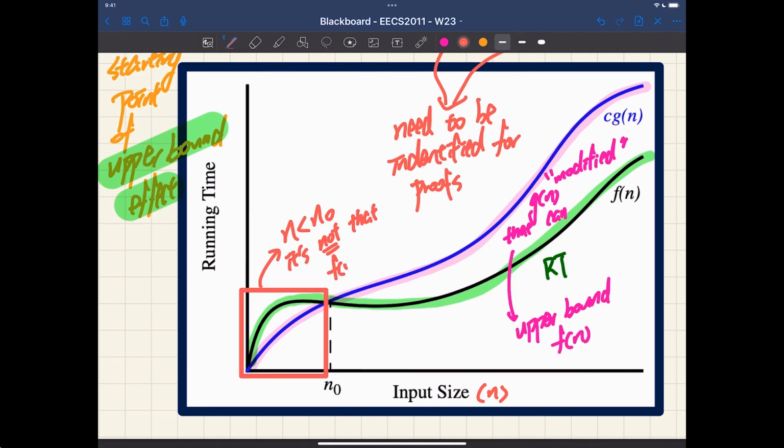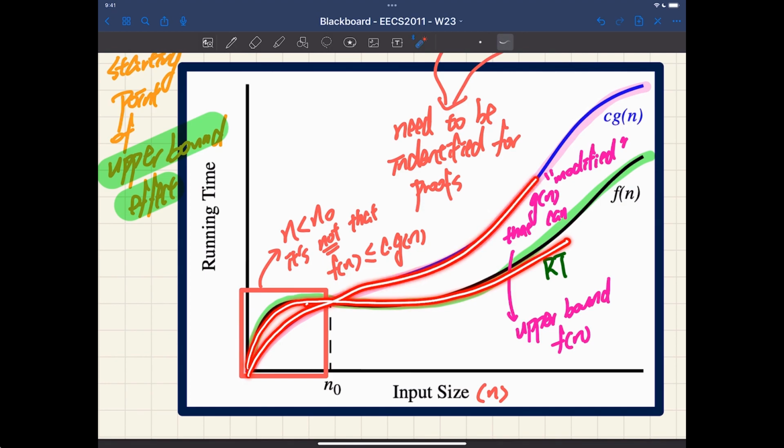F of n is less than or equal to c times g of n. Because you can see that f of n, sorry, yes, f of n is exactly here, right? But it is not really below the c times g of n. I can see there's a gap.